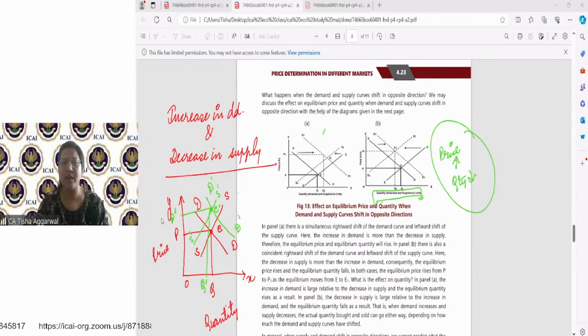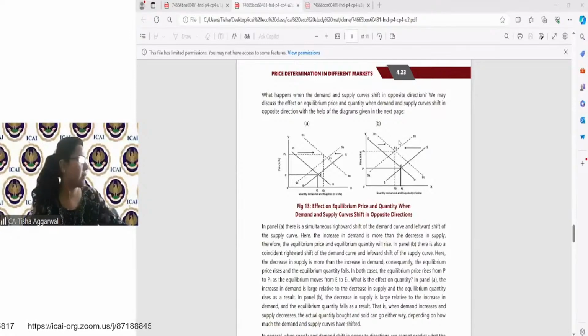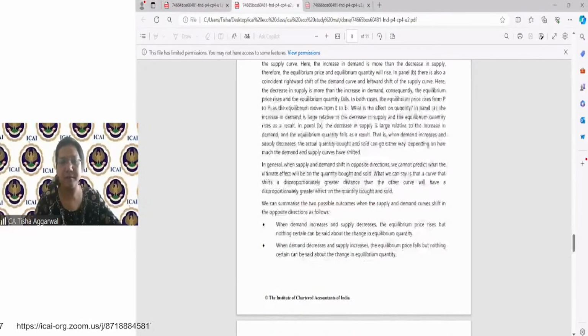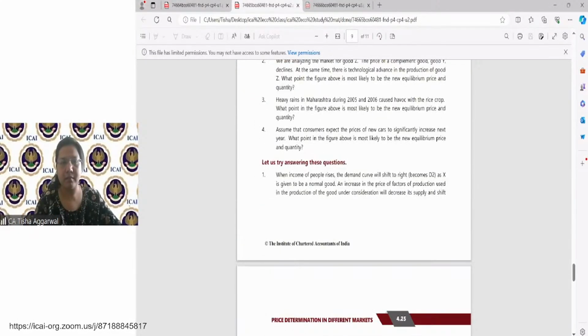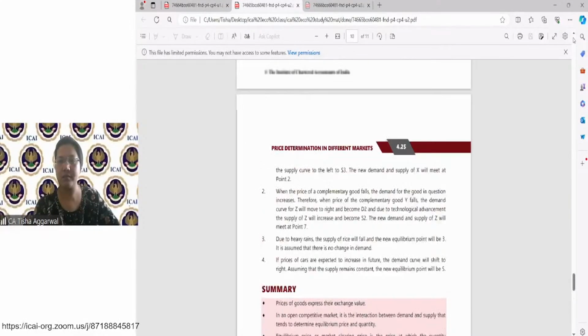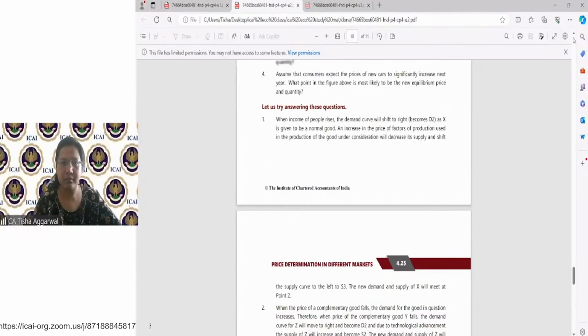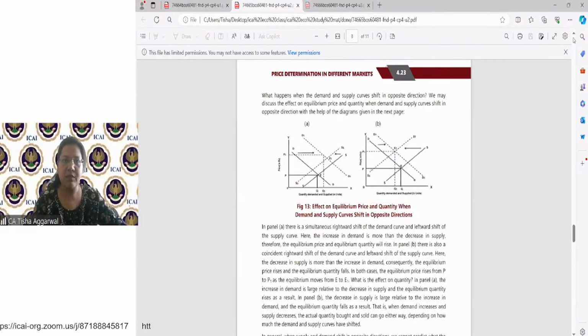These two cases: one where the increase in demand is more and the reduction in supply is less, and another where the increase in demand is less and the decrease in supply is more. Do it fast, please. And then we will do the illustration.